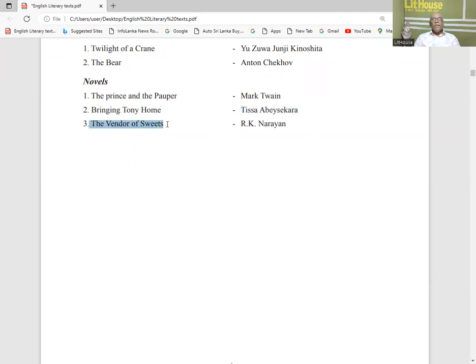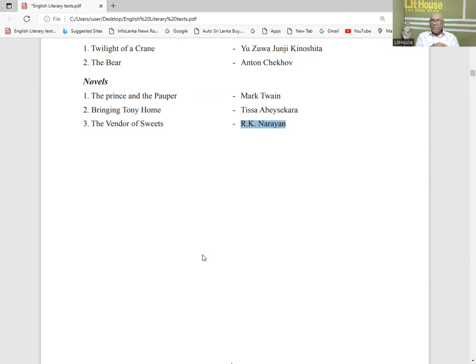The Vendor of Sweets, R.K. Narayan. Right. Now I am going to explain some background, origin of these novels.